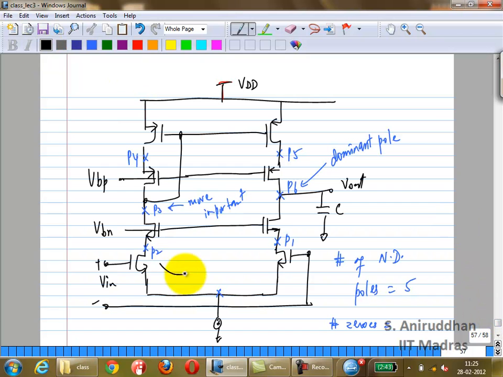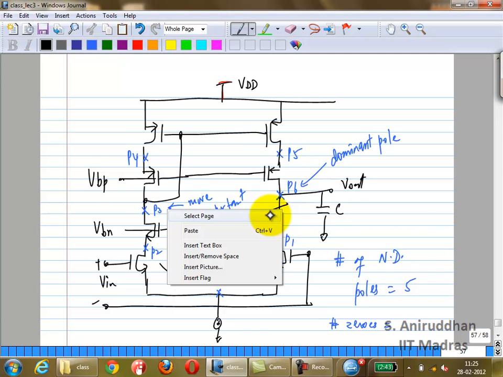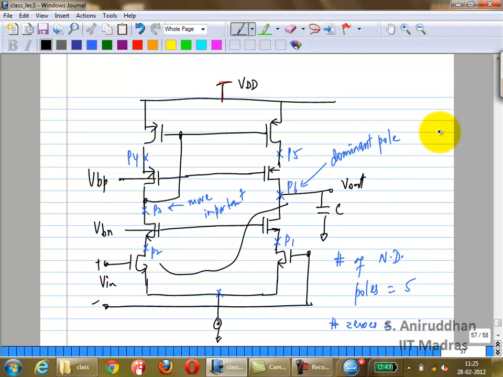So you calculate from this path to the output and from this path to the output and add them up. In the earlier case, in one path we had no poles, in the other path we had 1 pole. So what did we get? We got something like this.